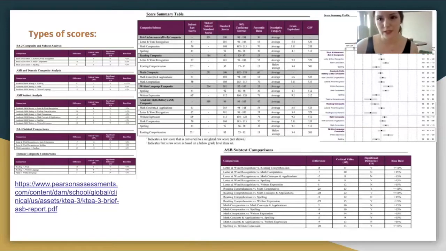Then we can see score summary profile, and there is a bell curve graph, so we can see visually whether our student is in average, below average, or above average level.